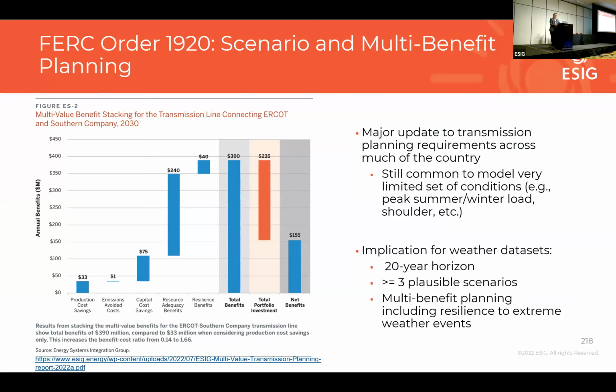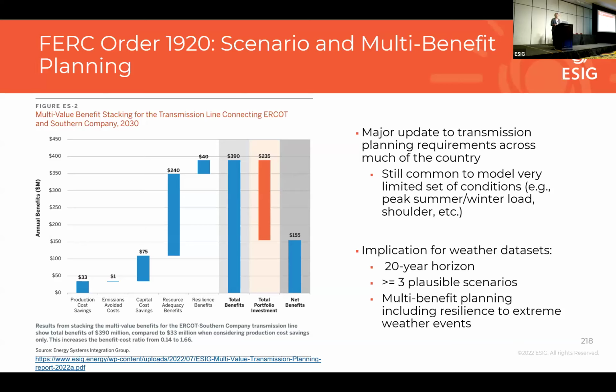I do view this as a game changer for the industry. There's certainly plenty of regions that were already doing what FERC Order 1920 is doing, but the fact that this raises the bar for all areas that are under FERC jurisdiction. The main things this has done is require multi-benefit planning.